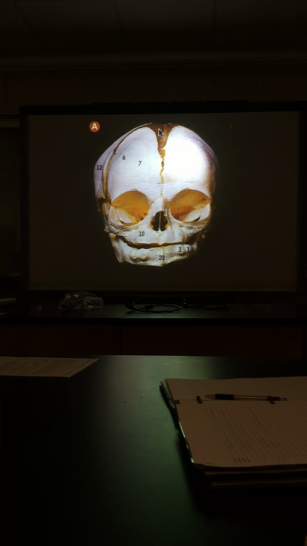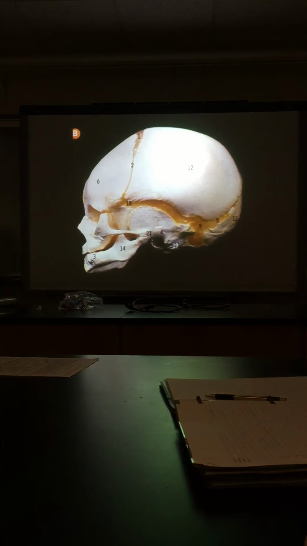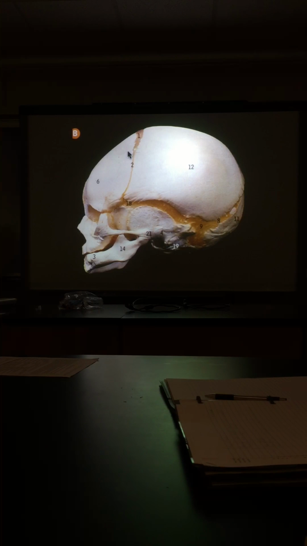You should know all the fontanelles. So there's the anterior fontanelle. And this is a left lateral view. Here's as much of the anterior fontanelle as you can see in this view, and here's the left coronal suture. There are two coronal sutures at this stage because there's still an anterior fontanelle in between them.